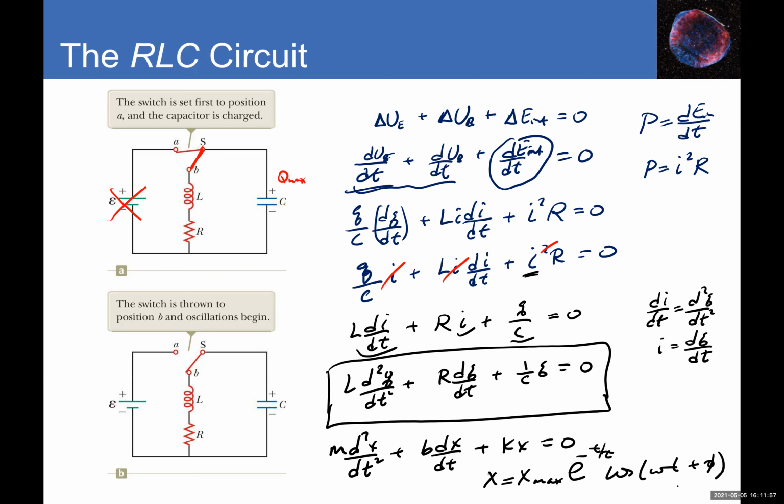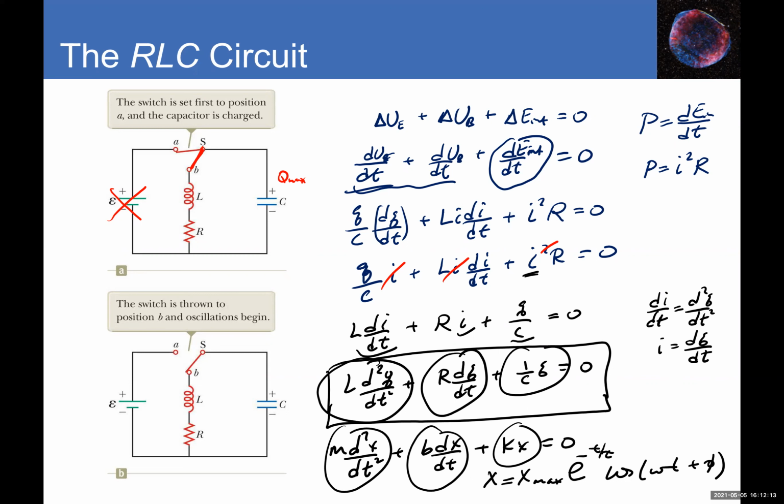So this was the solution for that. That means we can do a similar thing here by recognizing that our equation is the same format: some constant times the second order derivative of q, then some constant times the first order derivative of q, plus the q itself, which is the same as the second order derivative of x plus the first order derivative of x, plus x. And we got the solution for that like this.